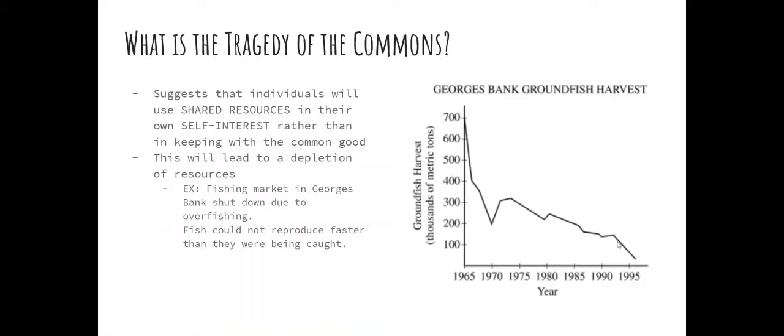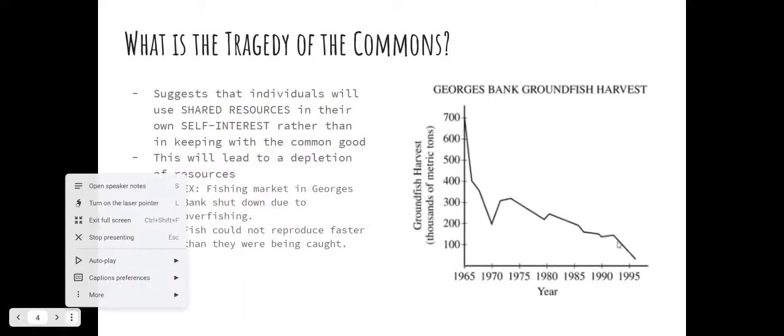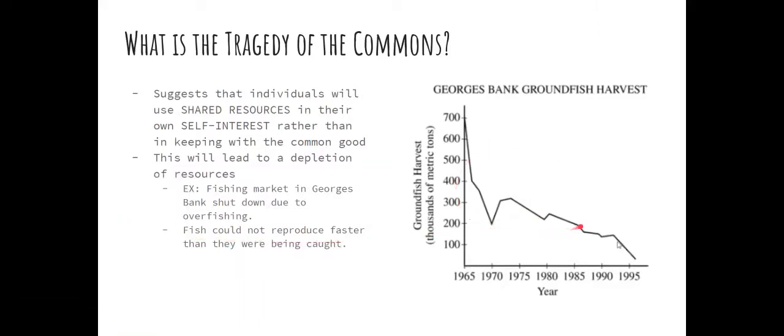It was shut down because there were many different individual fishermen who took resources from the area, and because they did that, the population of the fish eventually went down, and so it went to the point where the market had to shut down because they could not reproduce fast enough and all the fish died out.